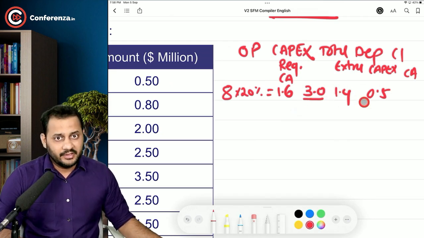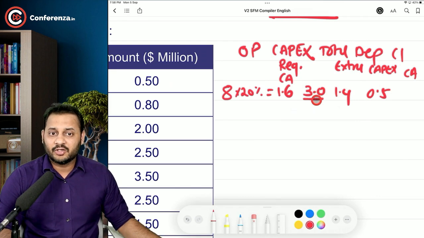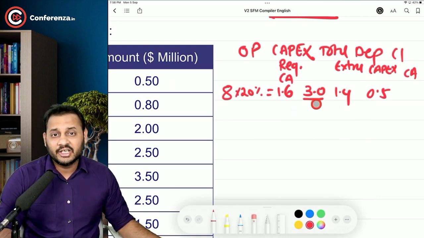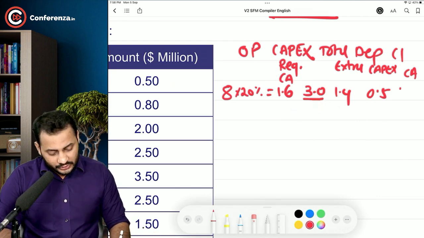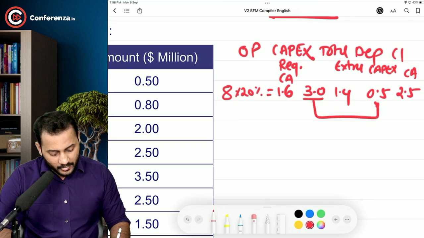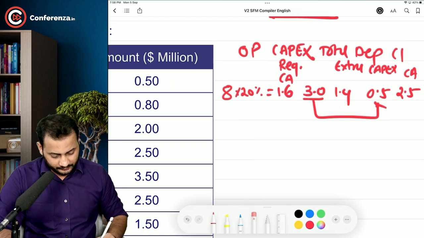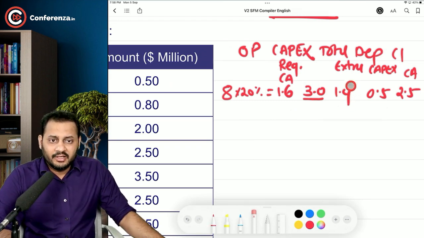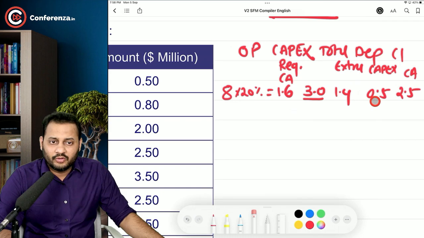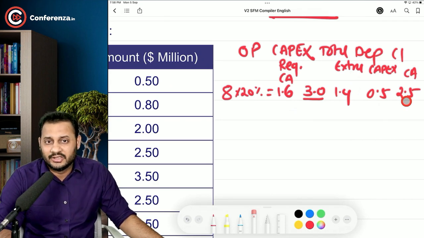Yes, capital expenditure of 0.5 is required, which we are going to use from the existing cash balance. So the closing balance will be 2.5, the difference between 3 and 0.5. And we clearly know that out of this extra 1.4, we can use this 0.5. So 2.5 will be the closing current asset.